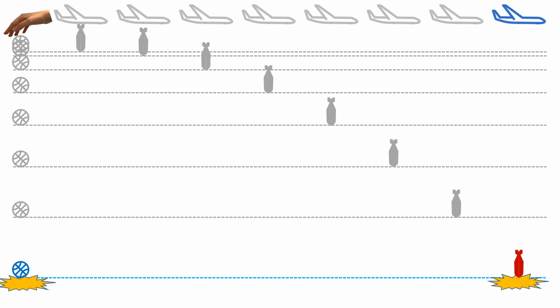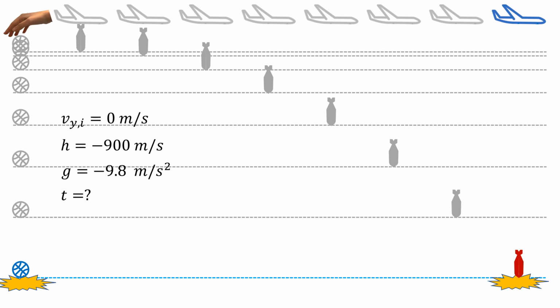We rewrite the given information of the vertical direction, but the intention is to calculate the time t. It is a simple one-dimensional problem, exactly the same as dropping of a ball. Let us solve. Again, the second equation of motion comes to the rescue.